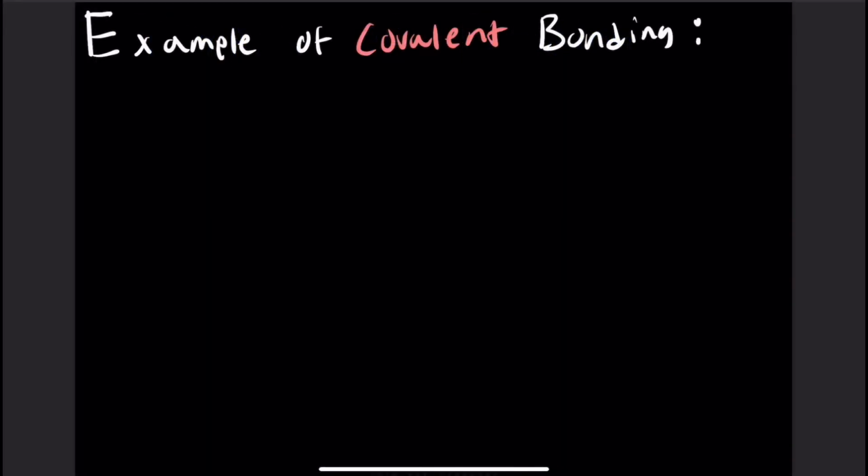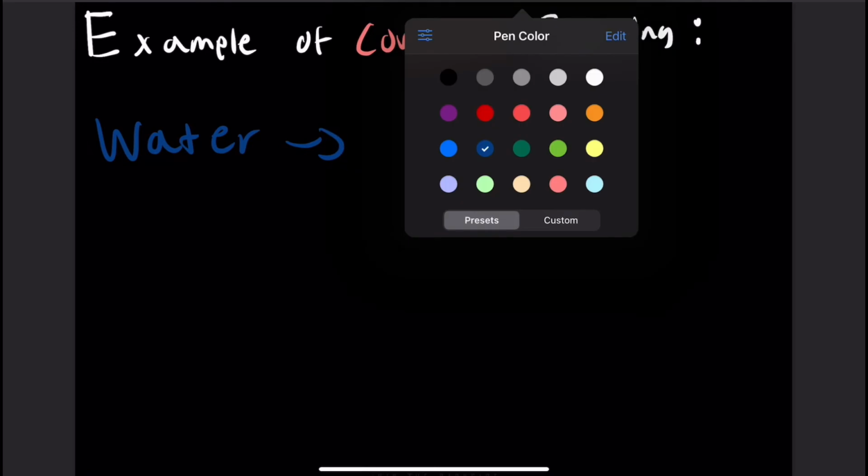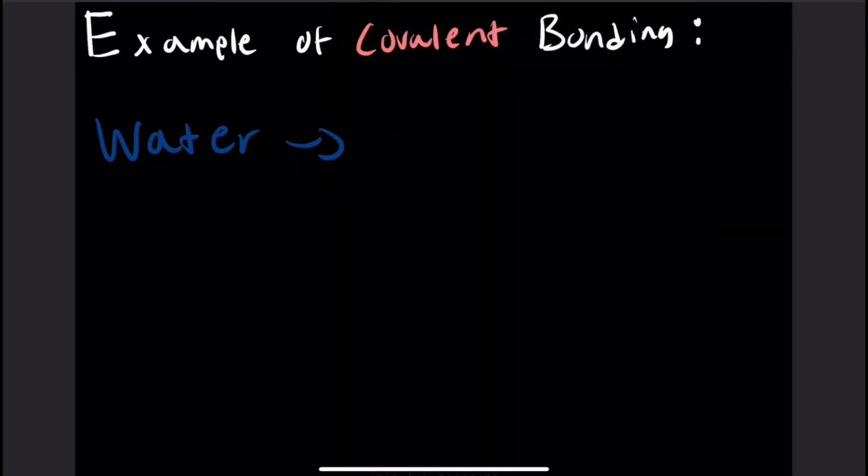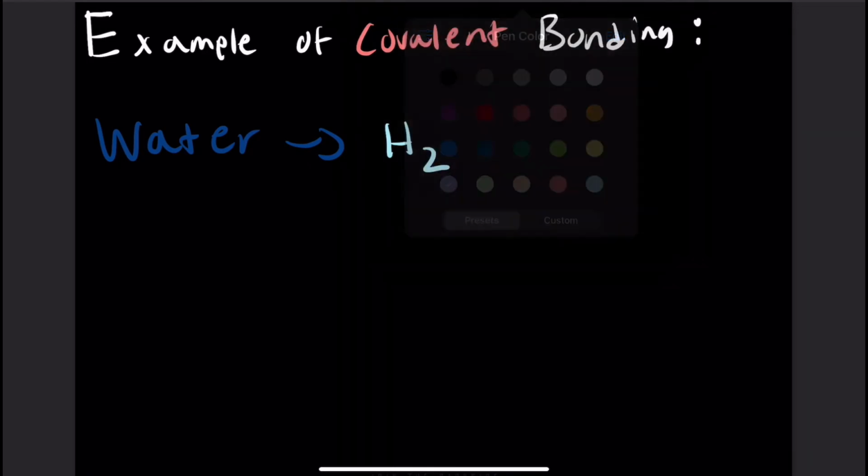An example of covalent bonding. A really good, strong example of covalent bonding lies in water. We know that the chemical compound, the formula, of water is H2O, right? And what does that mean?